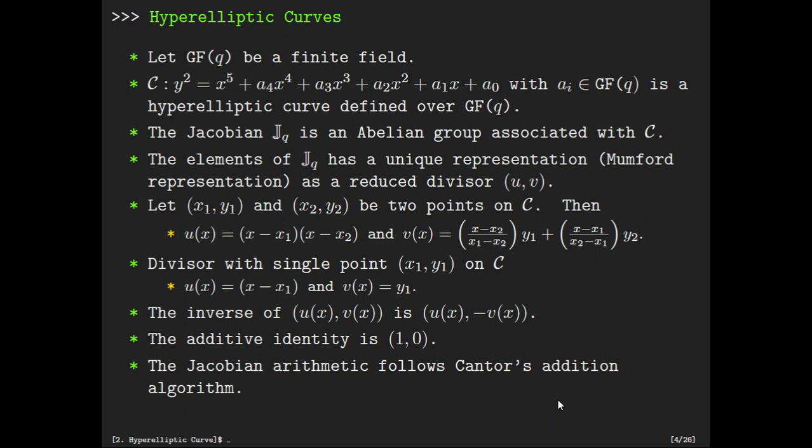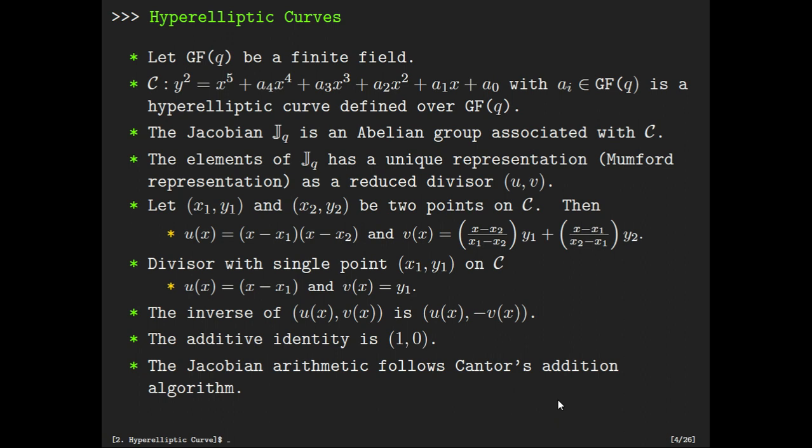The element of J(q) has a unique representation as a reduced divisor (u, v). This representation is known as Mumford representation. This (u, v) is a pair of polynomials for 2 points (x1, y1) and (x2, y2).